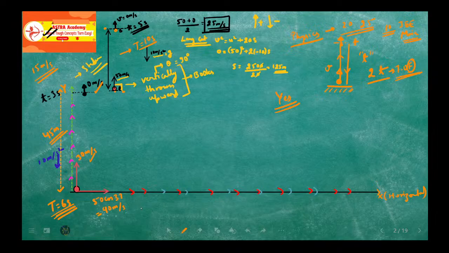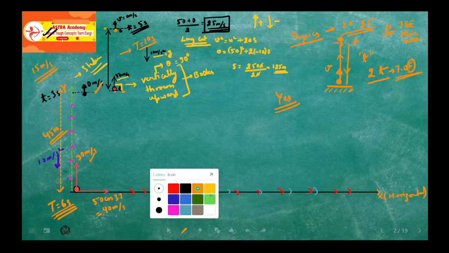Okay. So now we can see I have brought back the horizontal component of velocity to this body. Now, what is the role of this horizontal component?